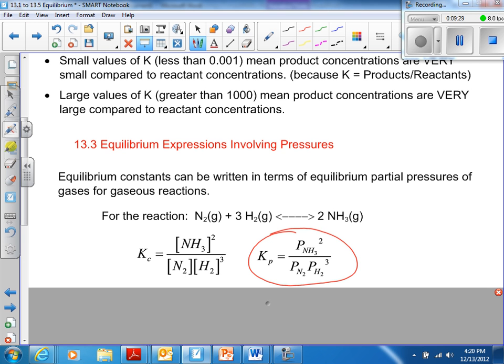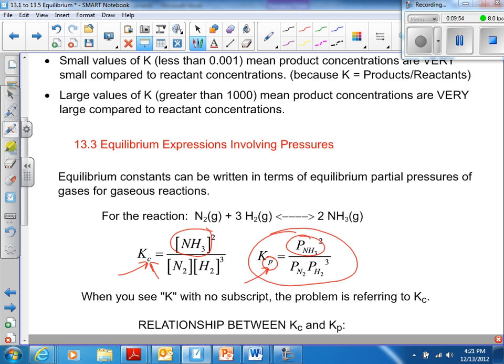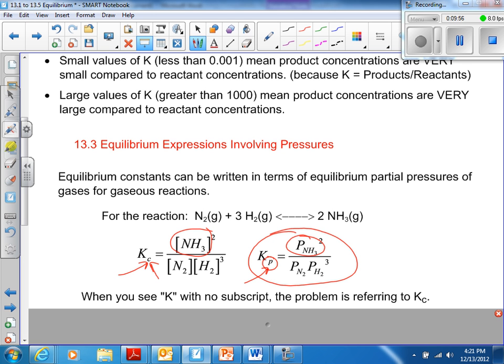So when you see the little p, that means equilibrium constant for pressure. This little c here says concentration. If there is no subscript, we assume concentration. But if there's a subscript p, we're talking about partial pressures instead of concentrations. When you see K with no subscript, there are problems referring to Kc.